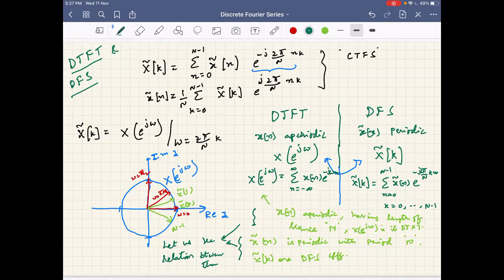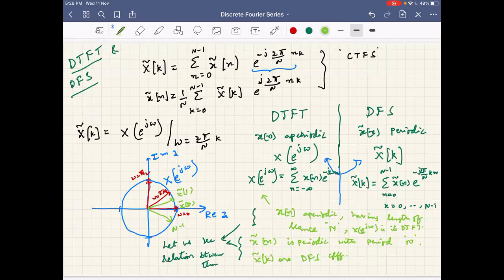X tilde of k are nothing but, if you have N different samples, they are sampled on the e^jω axis, that is with magnitude of 1 and the angle ω ranging from 0 to 2π.